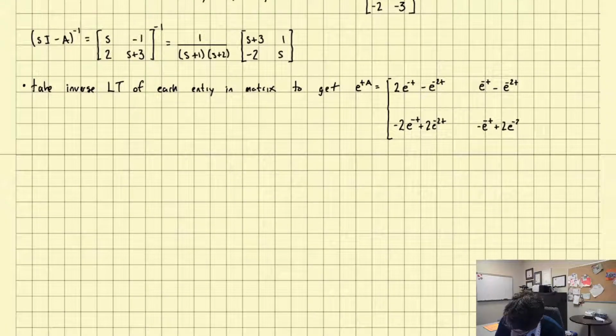And that's our solution. So the solution is given by that expression.